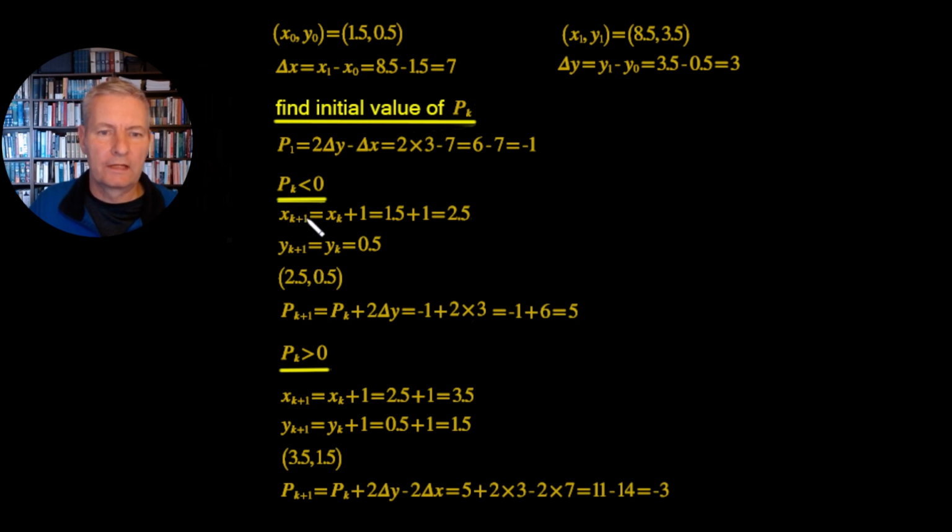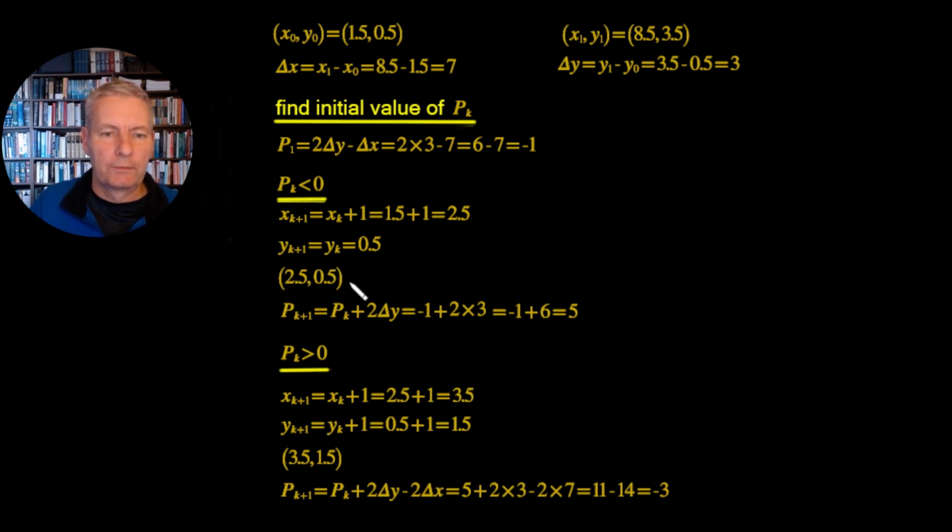We're going to have xk plus 1 equal to, well, the original value for xk is 1.5, and we add 1 on, so we go to 2.5. There's nothing surprising in that, we just go to the next x box. And the y box remains the same, so yk plus 1 equals yk, so it just remains at 0.5.